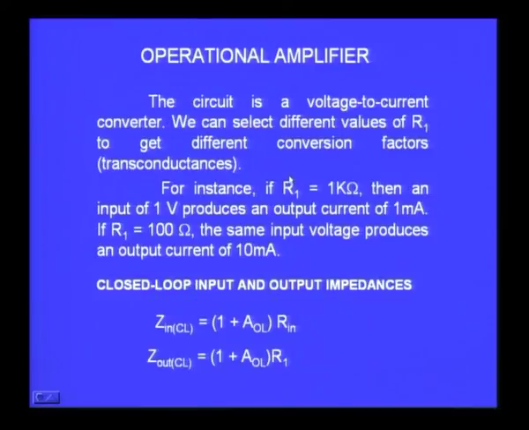For example, I have a thermocouple. It produces a voltage, thermo EMF, corresponding to the temperature difference between the hot and the cold junction. This voltage I want to measure in terms of a current, so that I can have an electronic thermometer.